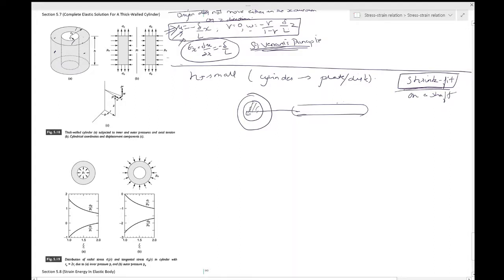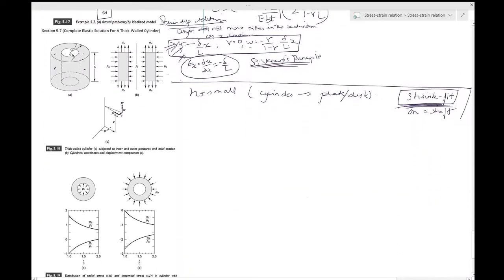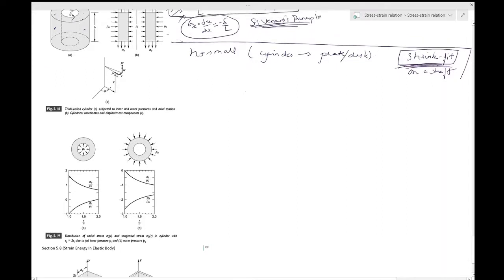So this is a shrink fit mechanism. Again, you should look up a YouTube video to check what shrink fit is. In this case it is the inner pressure which the shaft applies on this disc or the plate, which is important. So please have a look at this shrink fit if you are not aware of it by this stage.